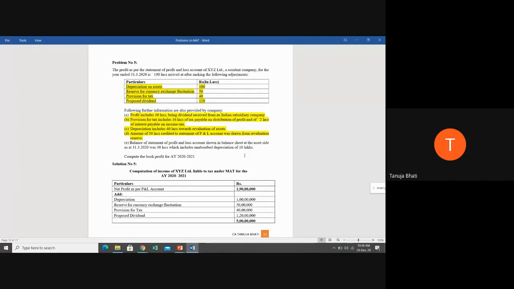So which is less? You're going to take that amount and minus it from the net profit in order to derive the gross profit. Is this clear, students? Yes, ma'am. Okay.